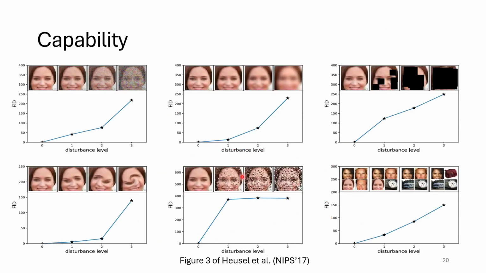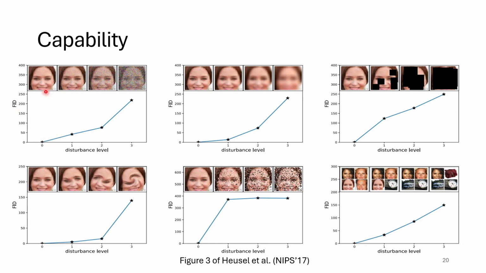Then let's see some capability of FID. So this is a clear image, and if they add some noise, because you can control the level of the noise, from a lot of images you add a lot of noise, so you can generate different levels. Then they measure the FID.